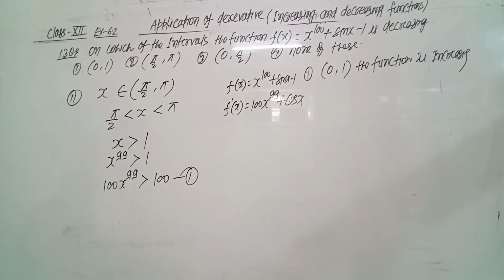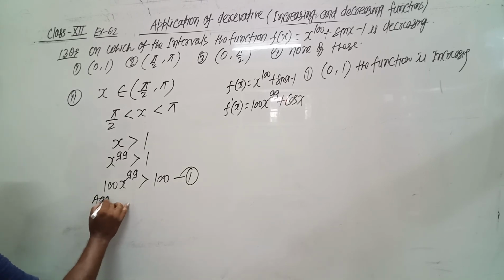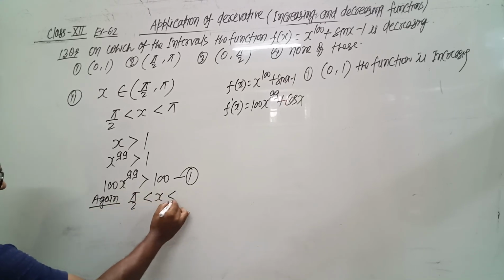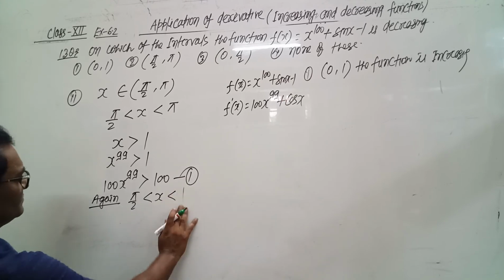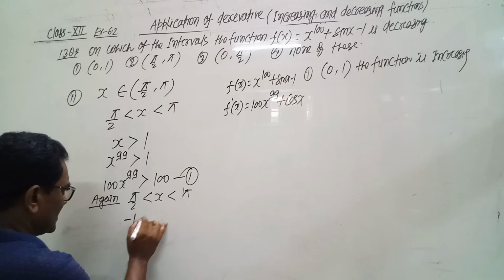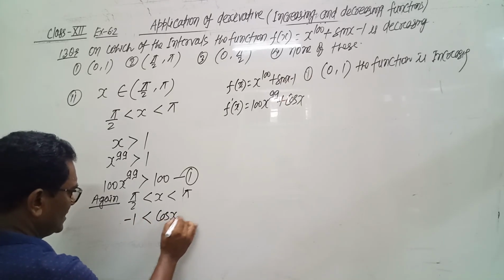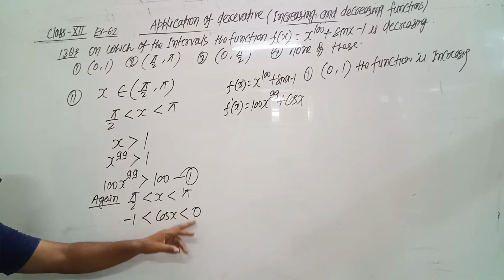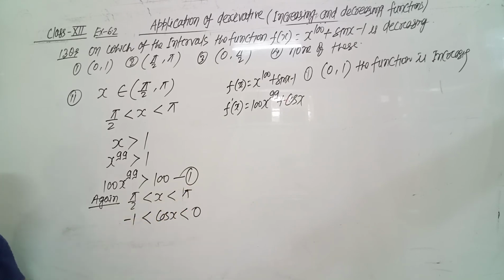Now pi by 2 is less than x is less than pi, means the value of x lies between pi by 2 to pi. So we can say that minus 1 is less than cos x is less than 0, because the value of cos pi by 2 is 0 and the value of cos pi is minus 1.